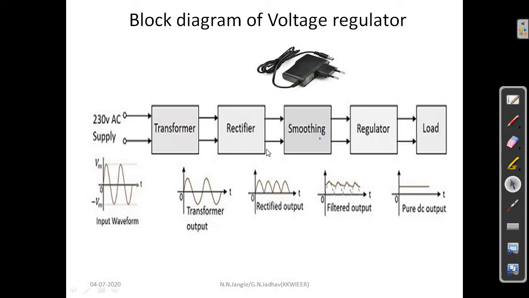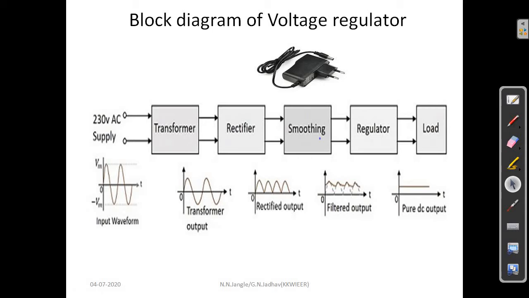Now, the rectifier output consists of a pulsating AC component, that is, unwanted AC component of supply frequency and its harmonics, along with the DC component. For most supply purposes, a constant direct voltage is required, rather than that furnished by the rectifier.